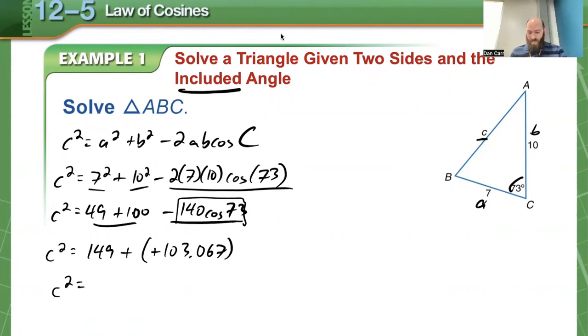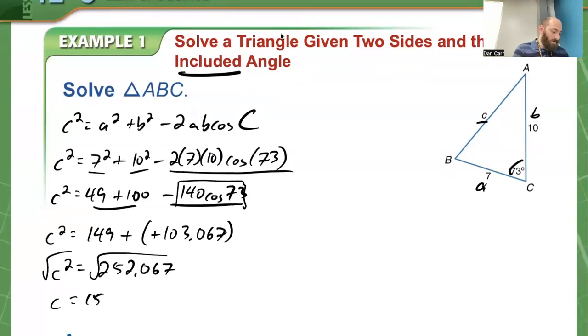That gives me 252.067, and then I square root that to get the c value. I'm doing this on my calculator so I don't round until the very end. So about 15.88 for our purposes here.